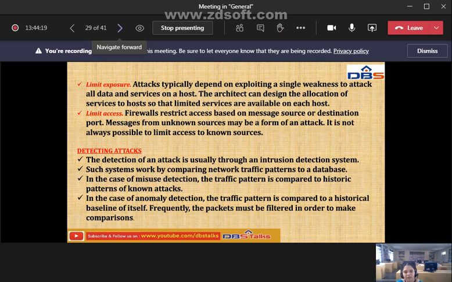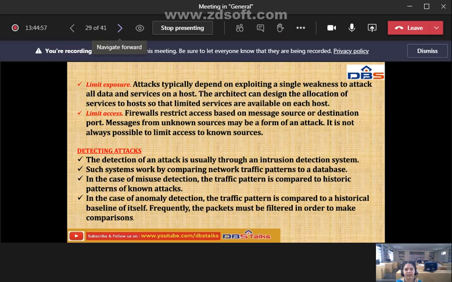The architect can design the allocation of services to hosts so that limited services are available on each host. So we need to avoid those attacks at a time. We should not give all permissions to a particular host at once. We need to give limited permissions to the particular host to provide limited services. That is called limit exposure.